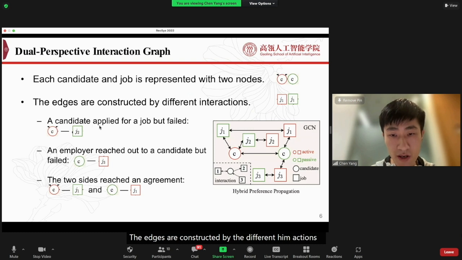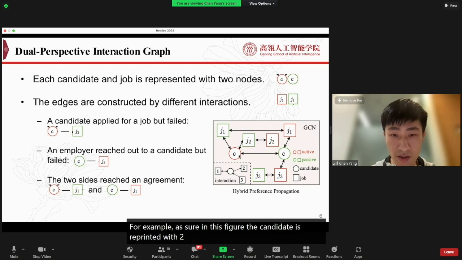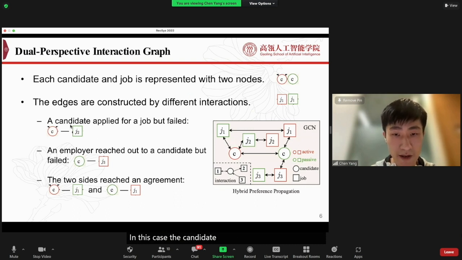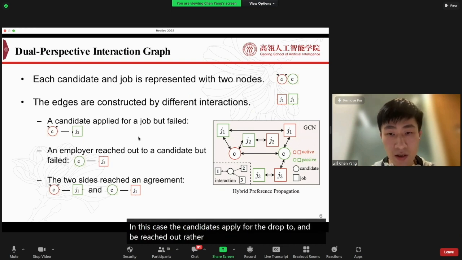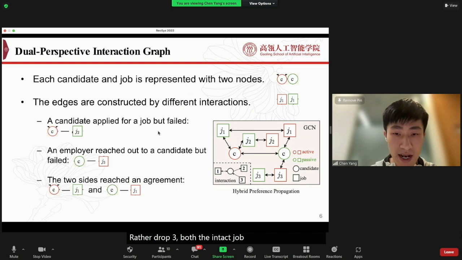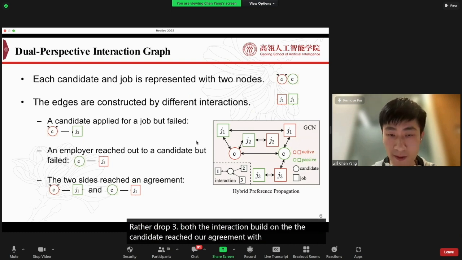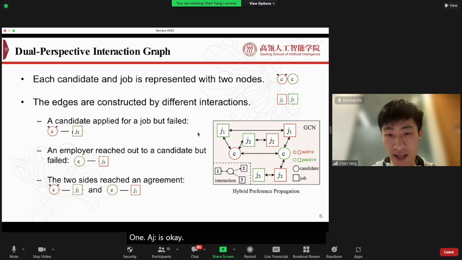For example, as shown in this figure, the candidate is represented with two circular nodes, and the jobs are represented with square nodes. In this case, the candidate applies for job 2 and is reached out to from job 3. Both interactions failed, and then the candidate reached an agreement with job 1. Edges are constructed as the figure shows.